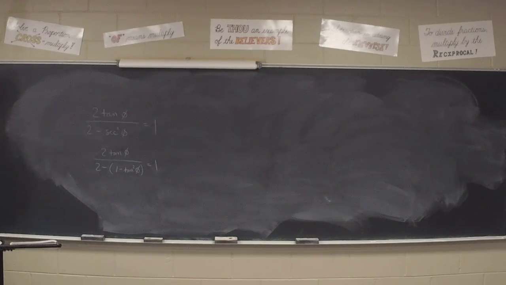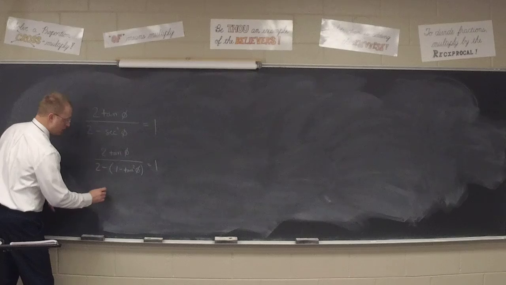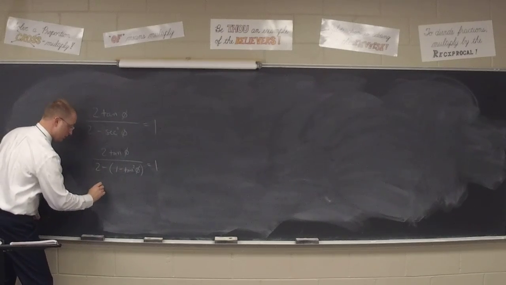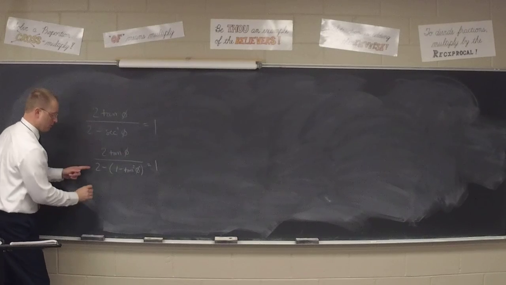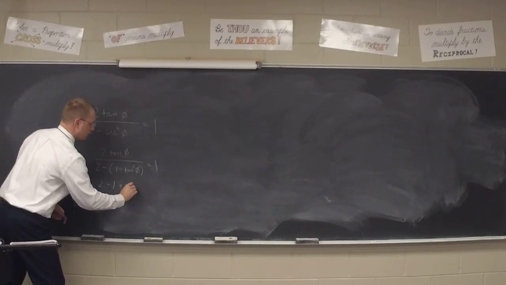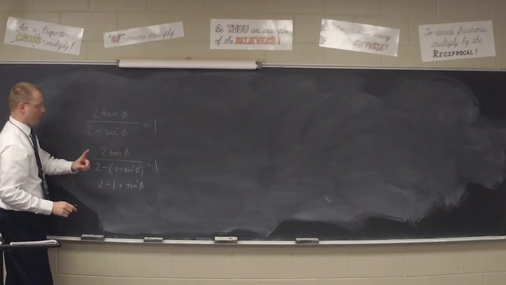Now if we remove parentheses preceded by a negative, change all signs. So this becomes 2 minus 1 plus tangent squared. Oh, excuse me, backtrack.